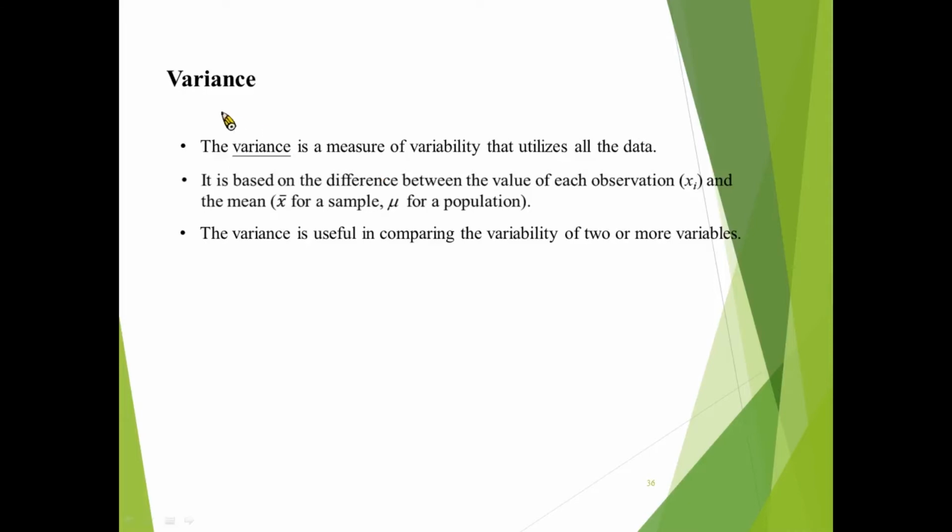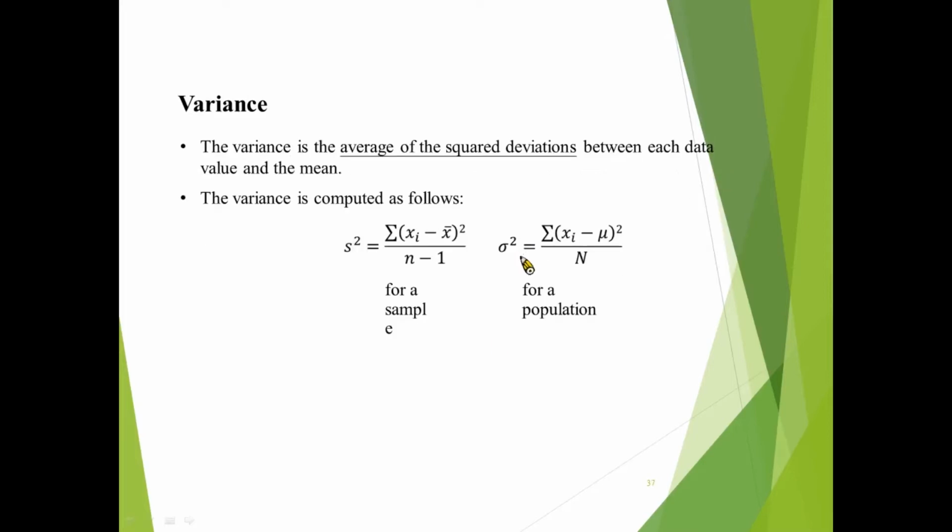Okay. The next one is variance. The variance is a measure of variability that utilizes all the data. It's based on the difference between the value of each observation and the mean. And the variance is useful in comparing the variability of two or more variables. And this is the formula.